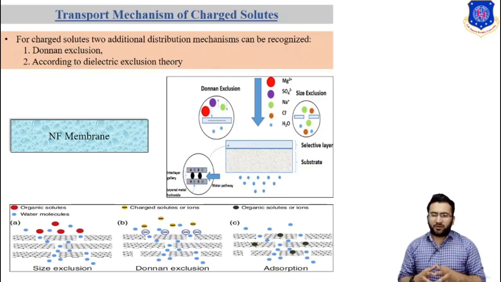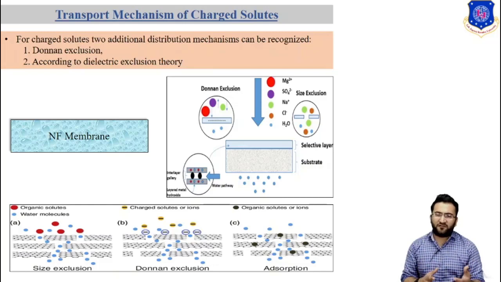The relative importance of these two mechanisms in nanofiltration is still a point of debate in the scientific community. Most of the literature on nanofiltration uses Donnan exclusion as the distribution mechanism. So mostly we are going to use the Donnan exclusion effect for the nanofiltration membrane.